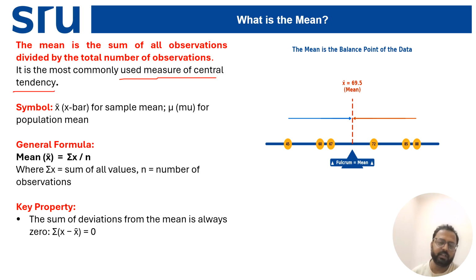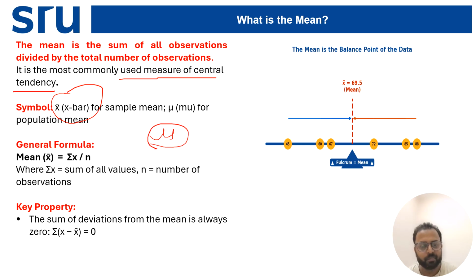We use X bar for mean of a sample, and we use the symbol mu for mean of a population. So mean is just the sum of all observations divided by the number of observations.